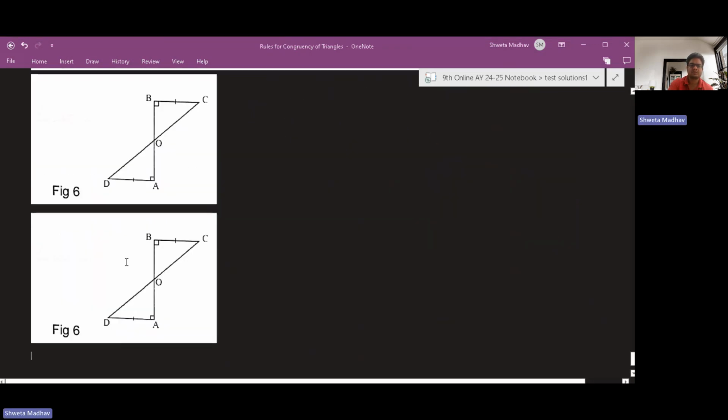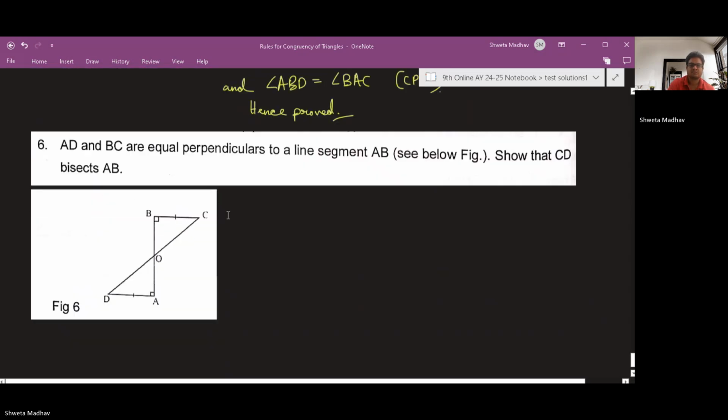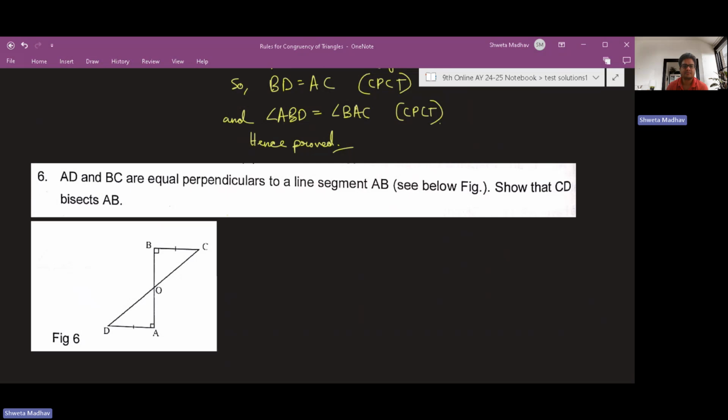Figure is like this. Here it is told AD and BC are perpendiculars to line segment AB, so that CD bisects AB.